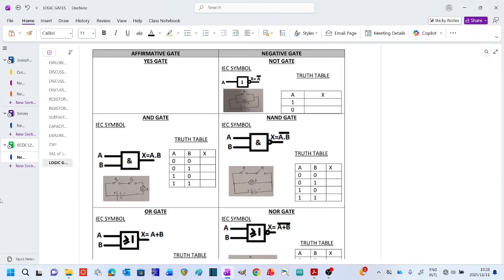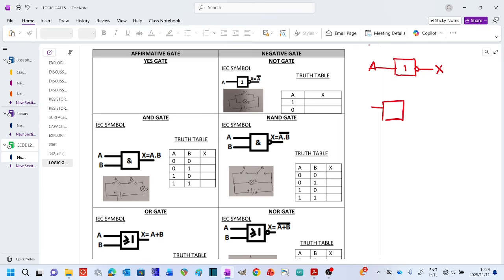The symbols are very simple, except for the NOT gate, which only has 1 input. So the 1 input is going to be this one, and for the output we can assign X. The rest of the gates have 2 inputs, and they are very easy.